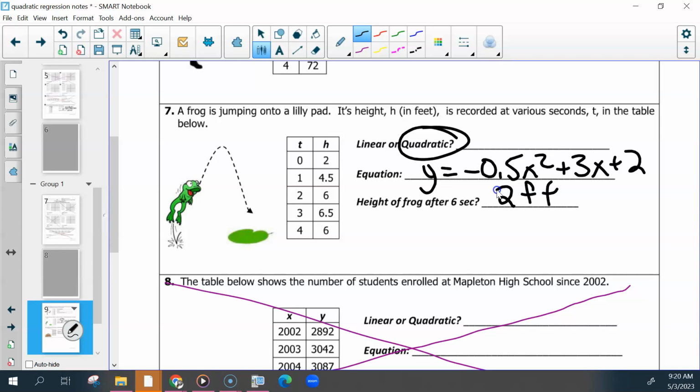We skipped over this one, but number 5 on the back of this, when it's measuring distance, distance can't be quadratic. That's a linear thing.